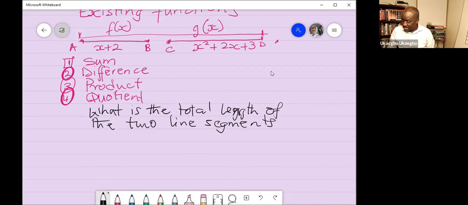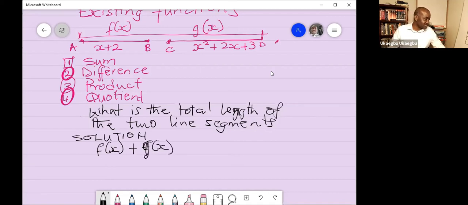Solution: the person wants you to do f of x plus g of x. Another way you can write this would be f plus g of x.